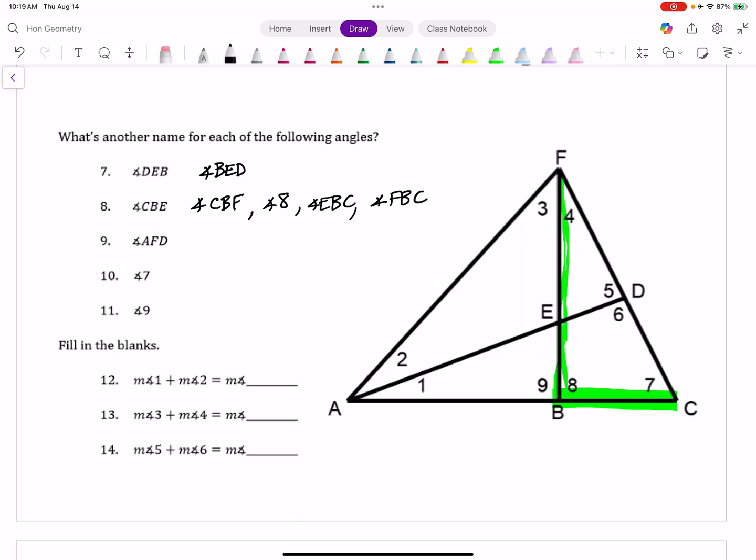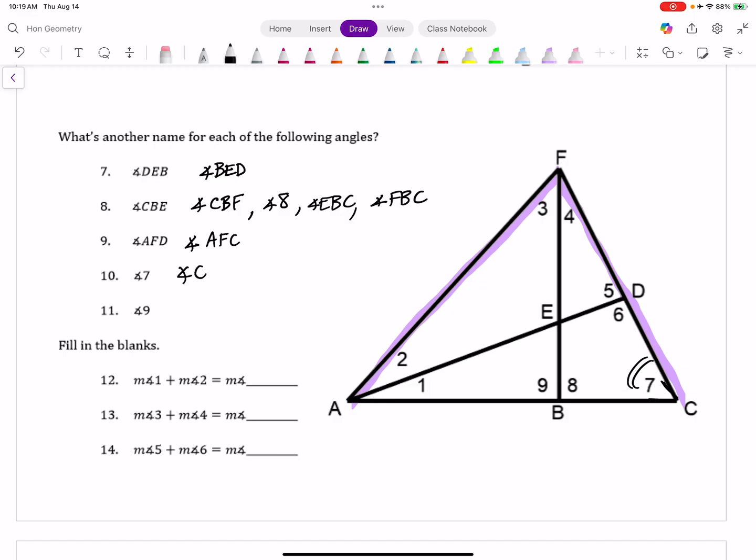I think that's it. All right, for the rest of them, I'm not going to necessarily come up with every single way because I think you're going to have the hang of this. But angle AFD. Okay, so we're looking up here. So why not just say it's angle AFC? That seems easy. Angle 7, all right, right there. Ooh, let's just call it angle C because that is the only thing going on down there.